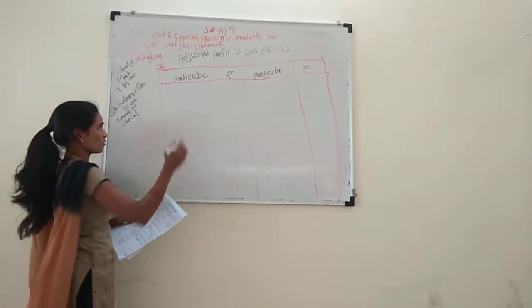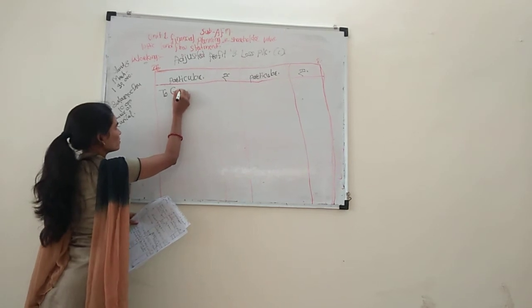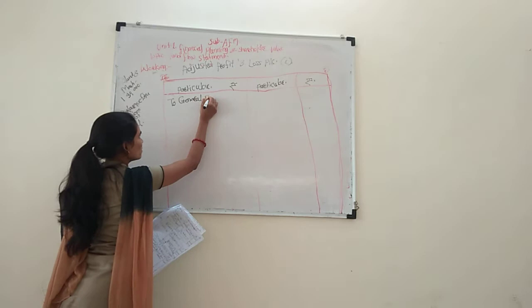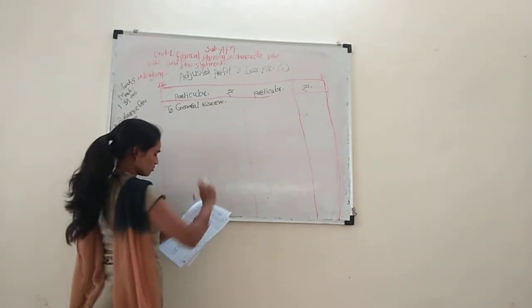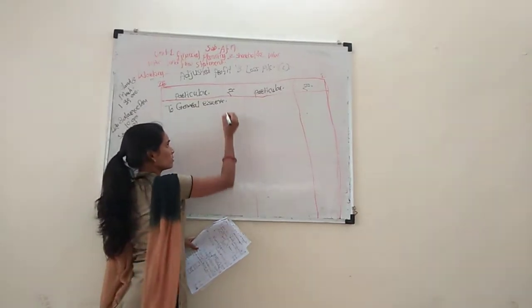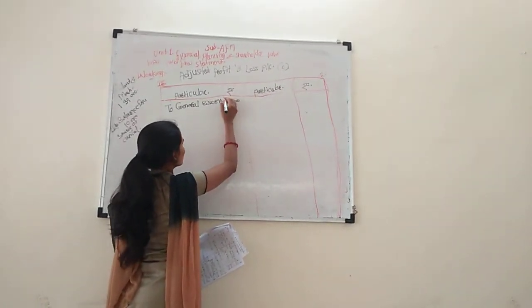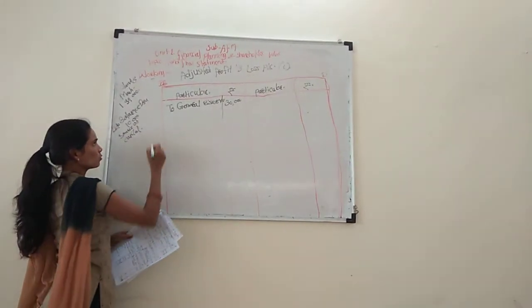To general reserve 30,000. And to proposed dividend 20,000.